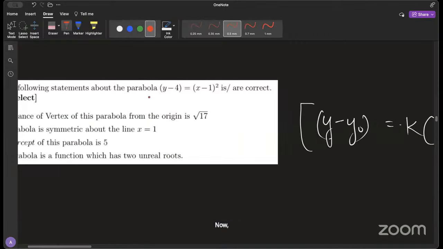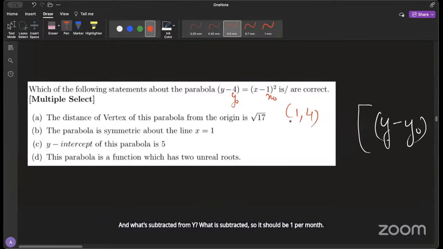Now you have this form here, y minus y naught and x minus x naught. That means your vertex should be basically what's subtracted from x. So 1 is subtracted, and what's subtracted from y? 4 is subtracted, so it should be 1 comma 4. The vertex is 1 comma 4.